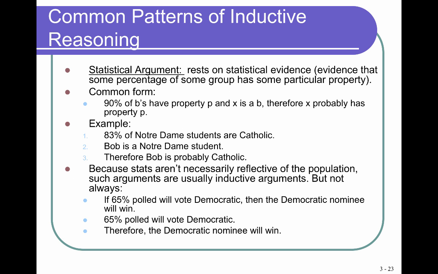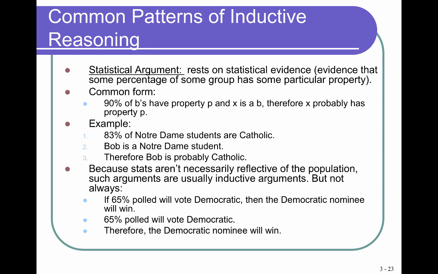Statistical arguments use statistical evidence to prove a conclusion. In other words, you give evidence that some percentage of a group has some particular property. In a common form, it goes something like, a large percentage of B's have property P. X is a B, so therefore X probably has property P. Here's the example. 83% of Notre Dame students are Catholic.